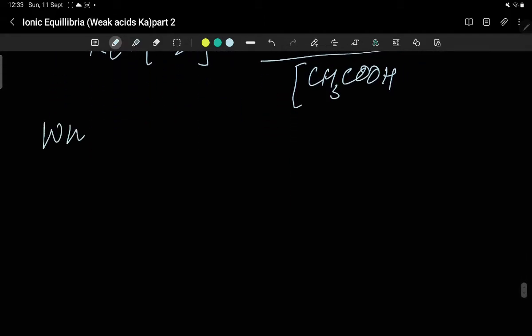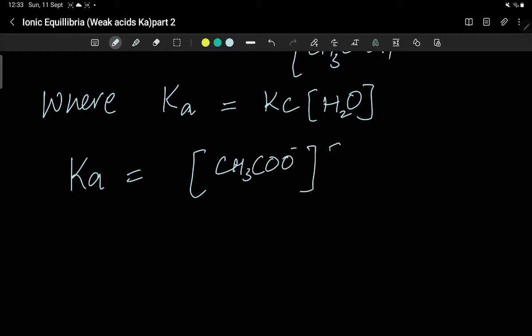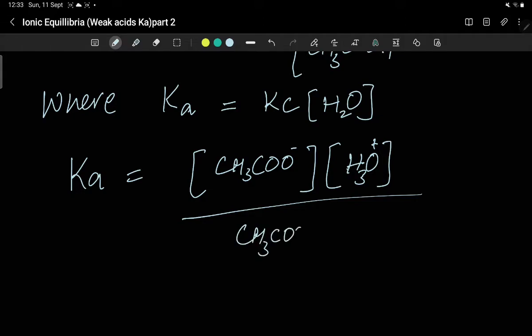Where Ka, the acid dissociation constant of weak acid, is equal to Kc times concentration of water. So Ka is equal to concentration of ethanoate ion and hydronium ion over concentration of weak acid.